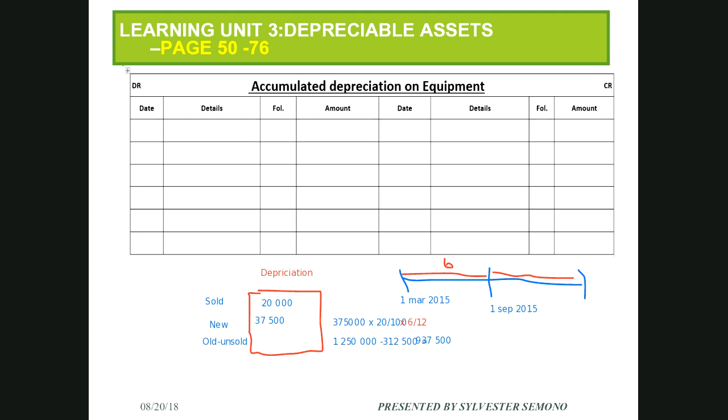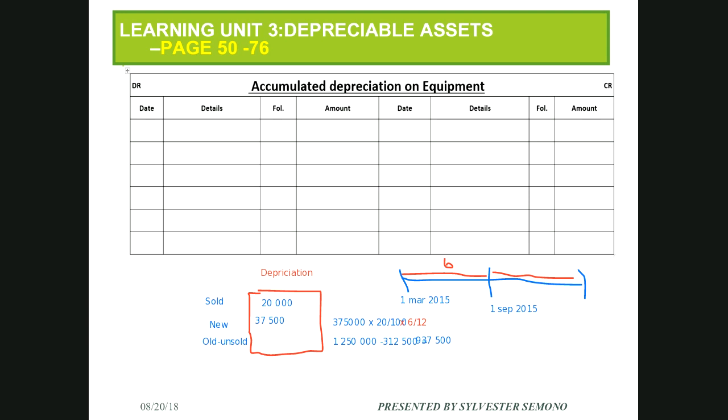When we started here, we started with 1,250,000. But this 1,250,000 had its own accumulated depreciation. Remember, what was the accumulated depreciation for vehicle given to me at the beginning? Remember, this 450.